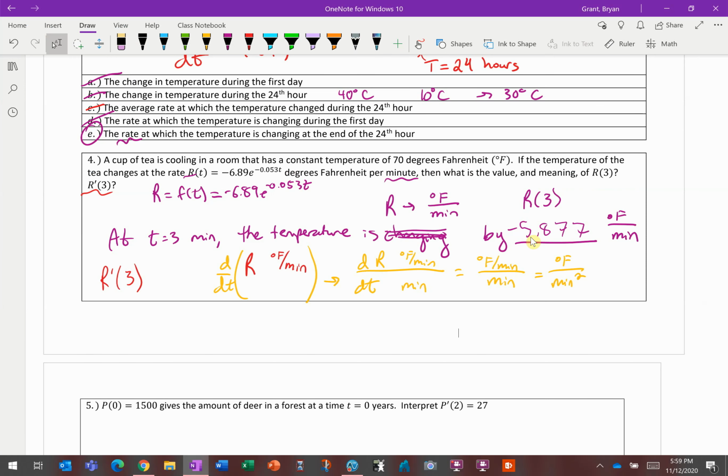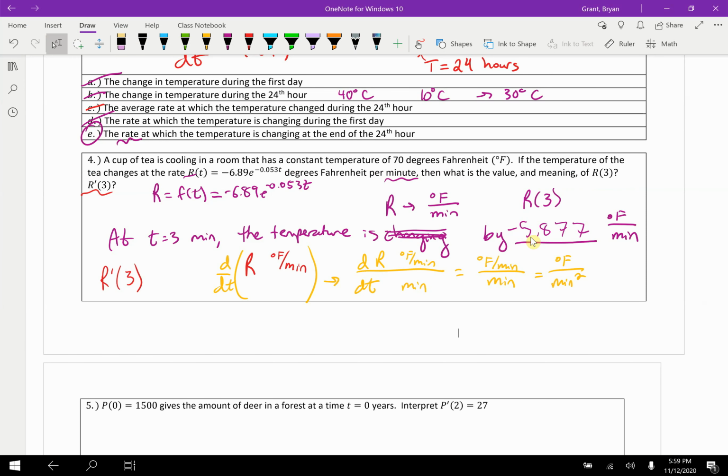So the nice part about doing it this way is we didn't have to do any math, right? Don't forget that your calculator is extremely powerful. So r prime of 3 equals 0.311 units, degrees Fahrenheit per minute again.